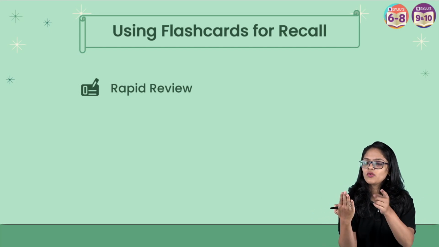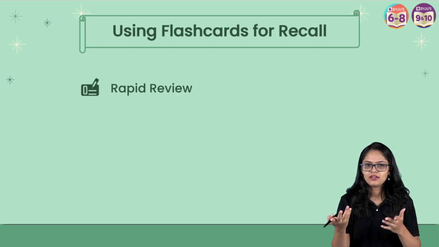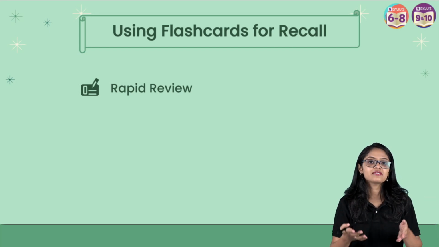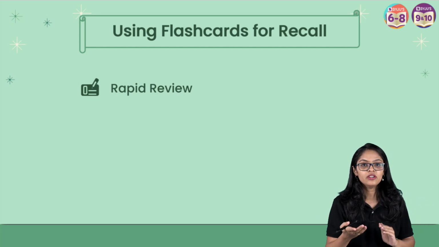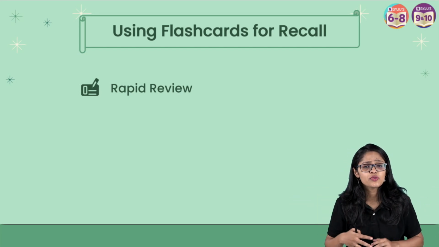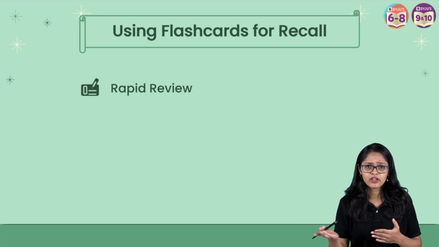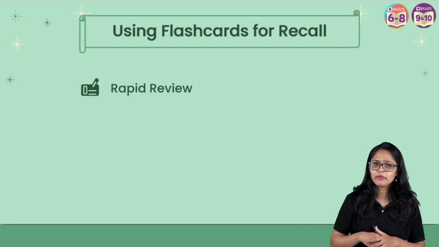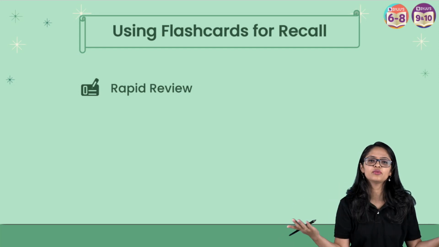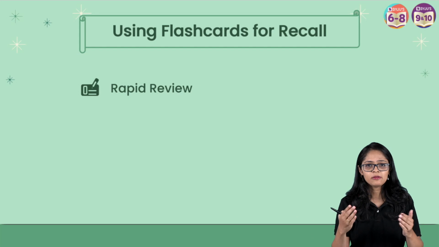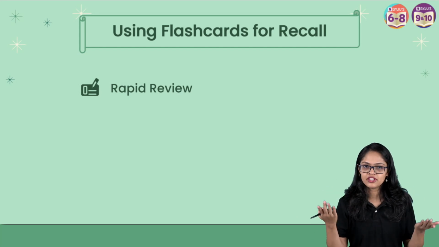Oh, photosynthesis is the process where plants produce their own food using sunlight, carbon dioxide and water, and it produces oxygen as a byproduct along with glucose as the main product. That's it. You look at the card and you know the concept. It helps in rapid revision.